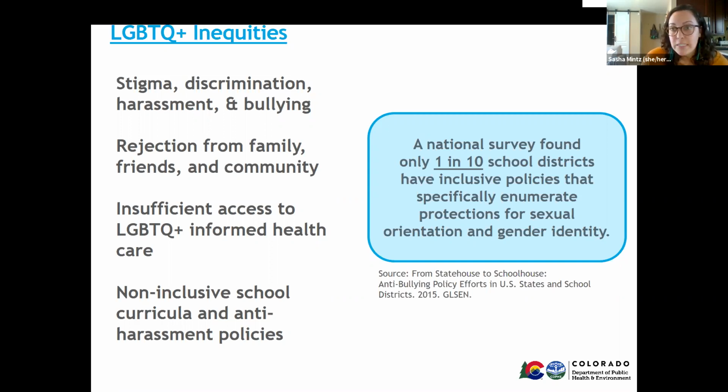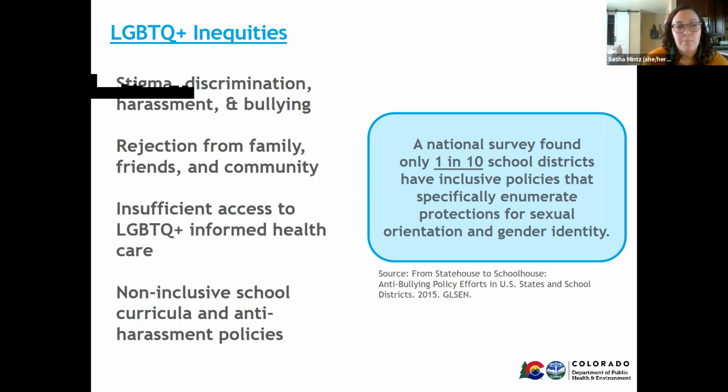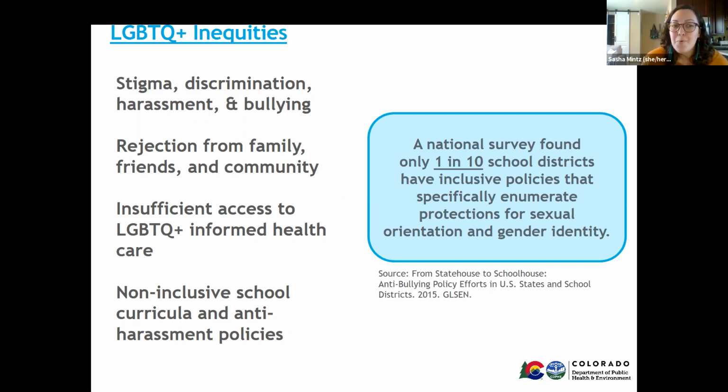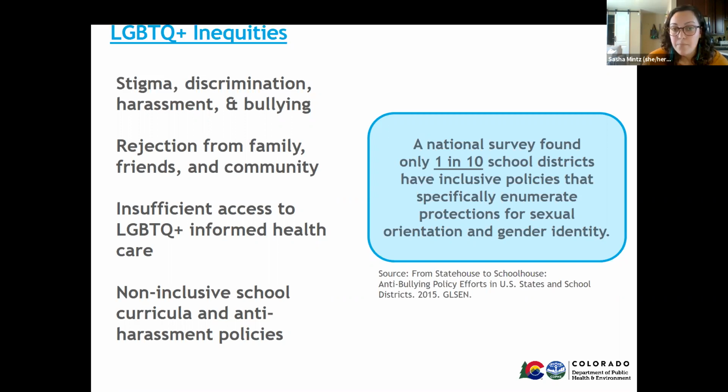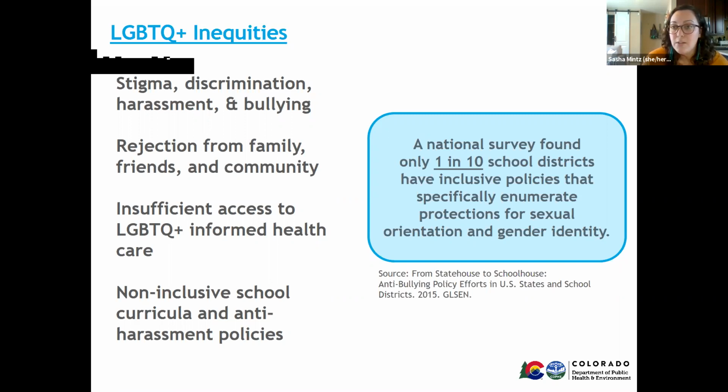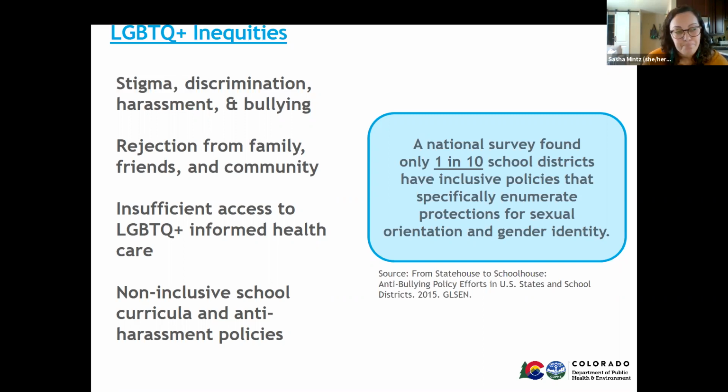In fact, nearly 60% of LGBTQ middle and high school students reported personally experiencing discriminatory policies or practices related to their sexual orientation or gender identity while at school. The survey also found that only 8.2% of students had received LGBTQ inclusive sex education.